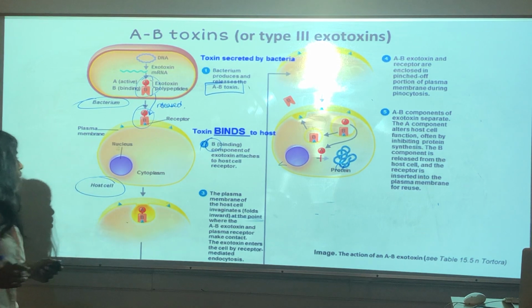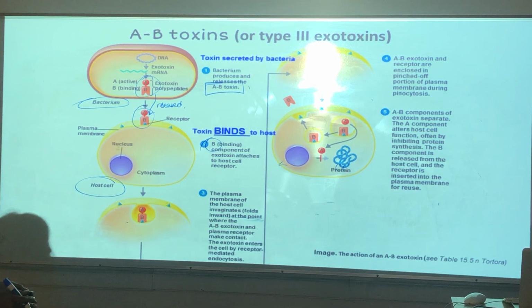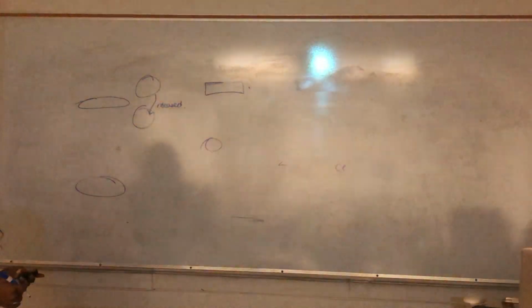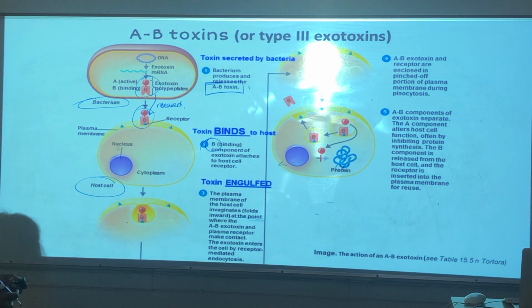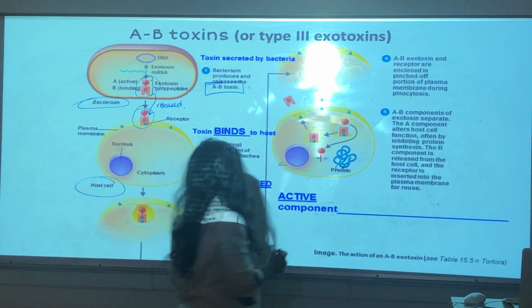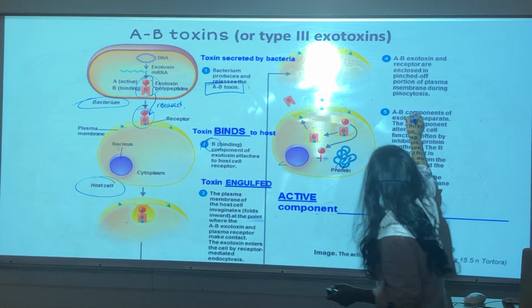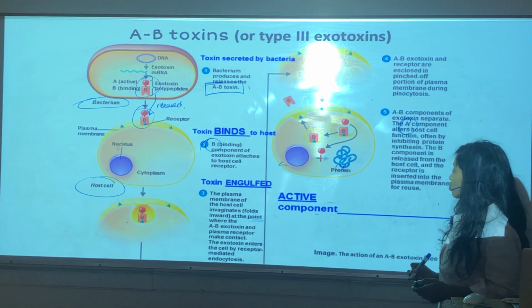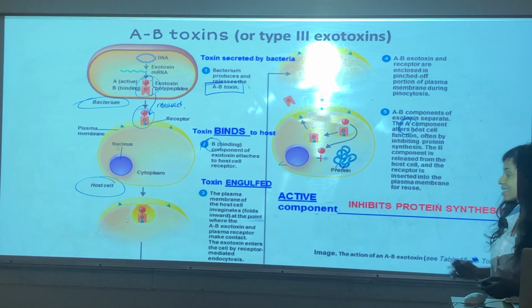Now that it is released, the host cell will receive it, and it will be engulfed. They engulf this toxin, it comes inside of the host cell, and as a result, the A, or active, component is going to inhibit protein synthesis.